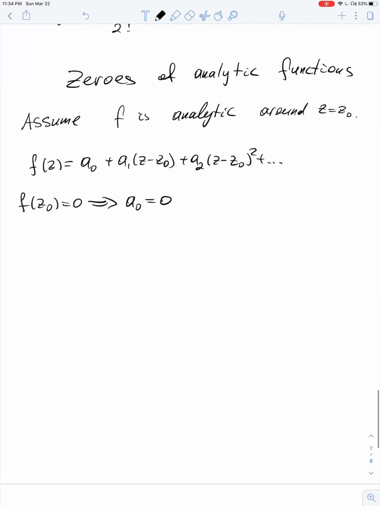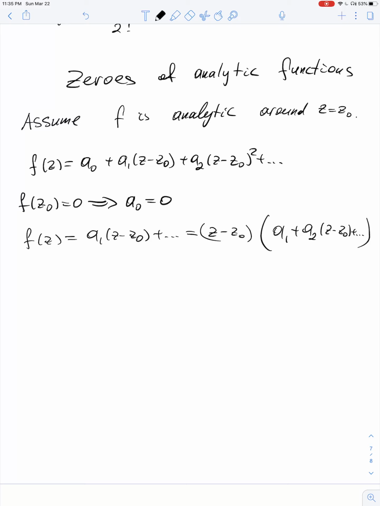Okay? So this already means that we can factor z minus z0 out. In fact, if a0 is 0, we get this expansion, the 0th term disappears, and we can factor z minus z0 out and get this.